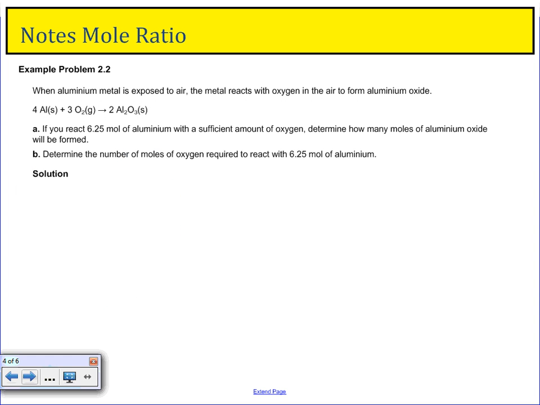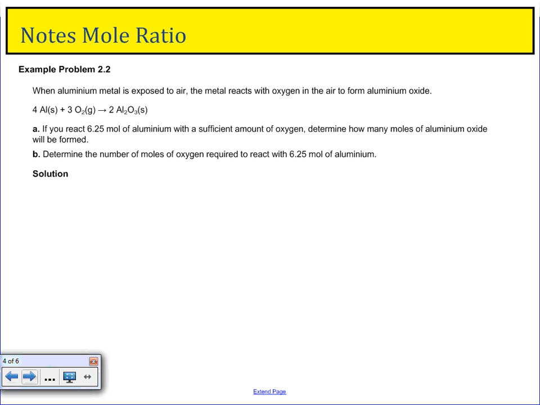Here's our second question. When aluminum metal is exposed to air, the metal reacts with oxygen in the air to form aluminum oxide. And there's our formula, as provided to us, all nicely balanced. If you react 6.25 moles of aluminum with a sufficient amount of oxygen, determine how many moles of aluminum oxide will be formed.